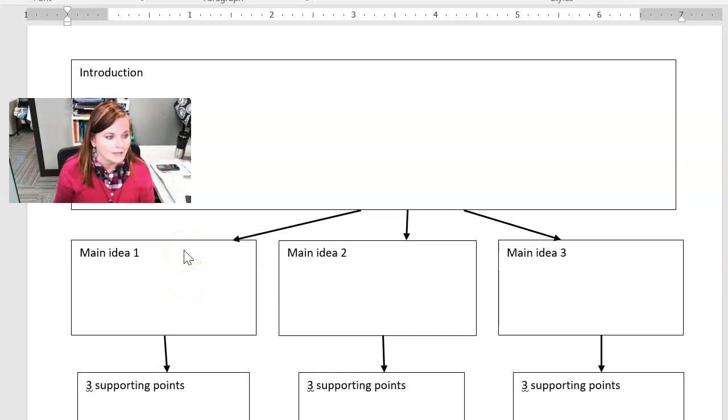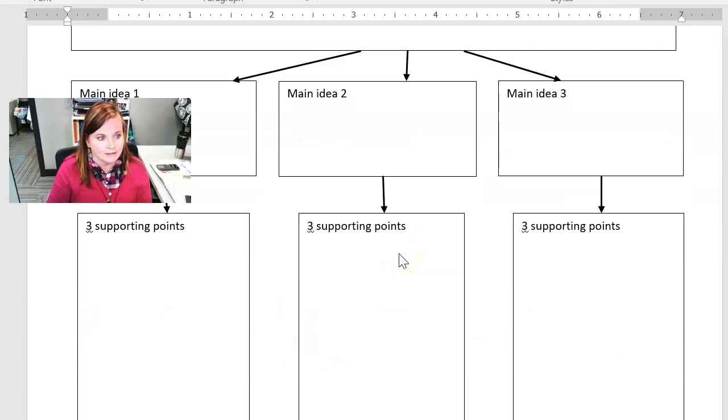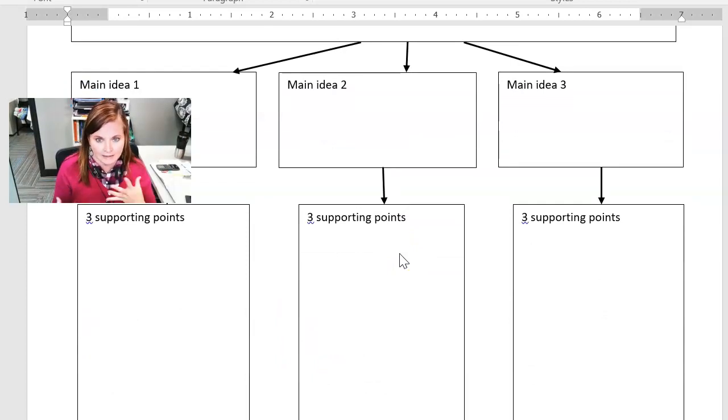Even though it makes sense to start at the beginning, at the introduction part, I actually would suggest starting with the body of your paper, because then you have all of the main stuff put together and you can go back, because the introduction really introduces that. And if you don't know what you're writing, how can you do an effective introduction to it?